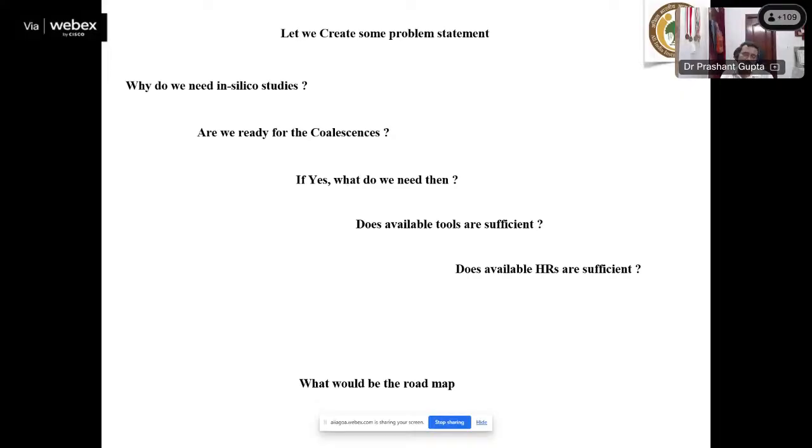We need four things, which I actually discussed in the initial first or second slide: hardware, software, skilled human resources, and followed by institutions. Are the available tools sufficient? This is a very $1 million question. Whatever tools we have, are they sufficient? Is the available human resource sufficient? What would be the roadmap then?